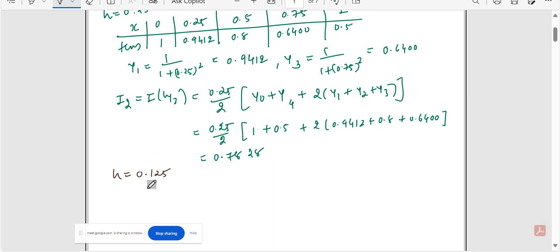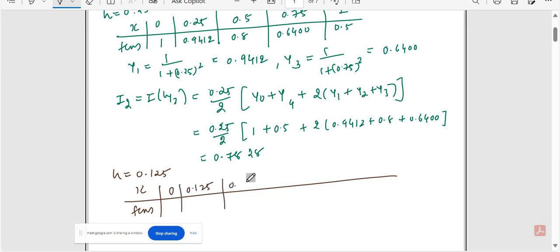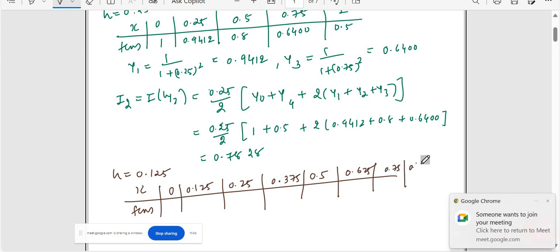0.125. Yes, 0.125. So x and f of x: find out 0, then 0.125, then 0.25, then 0.375, then 0.5, then 0.625, then the next value is 0.75, then 0.875, and the last value is 1.